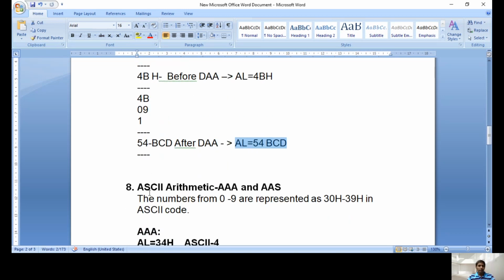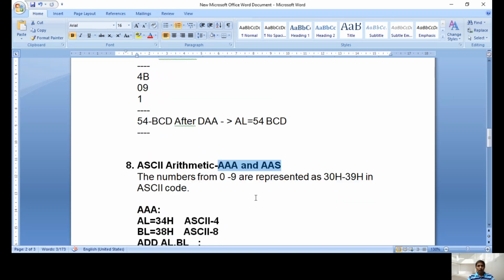That's it. Coming to the other important one, ASCII arithmetic. ASCII arithmetic instructions are mainly of two types, AAA and AAS. AAA is ASCII adjust accumulator after addition. AAS is ASCII adjust accumulator after subtraction. Let us see what ASCII is.